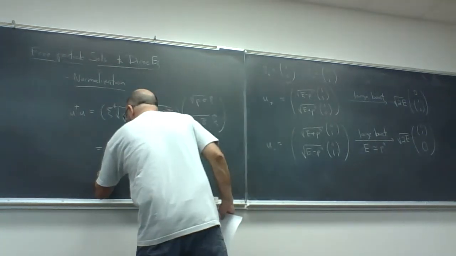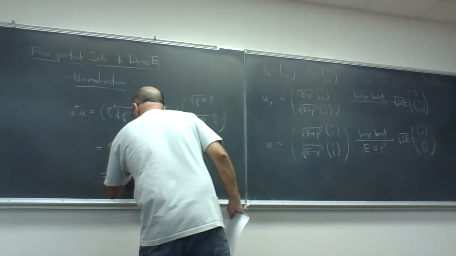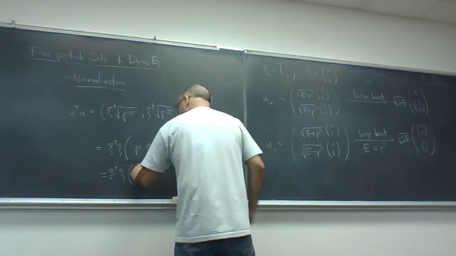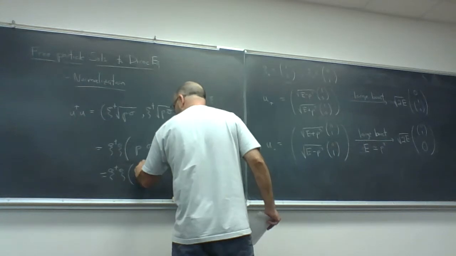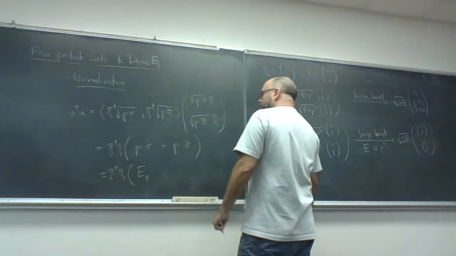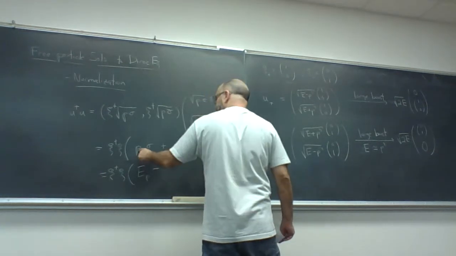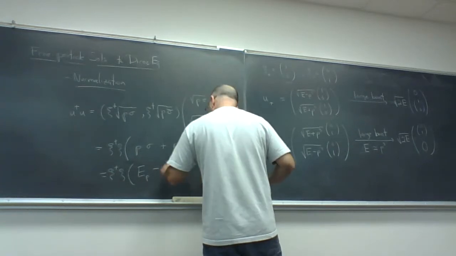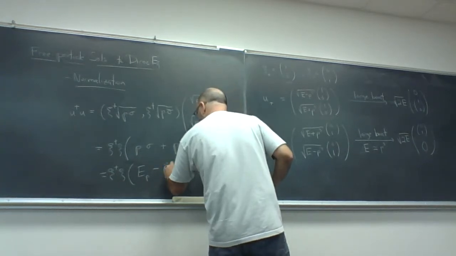So this gives me c dagger c, and E sub p minus p dotted into sigma vector.